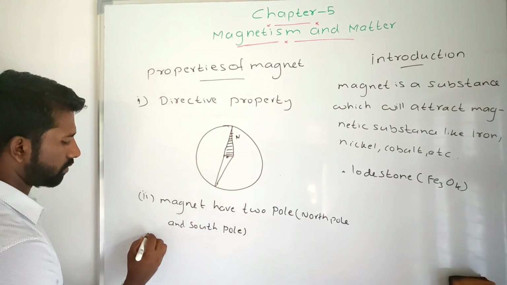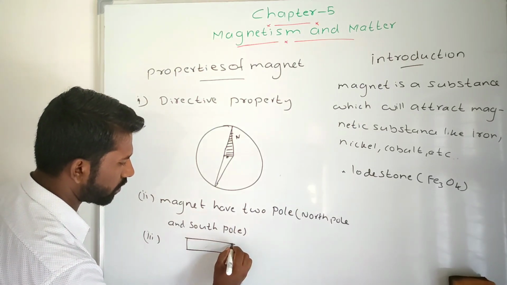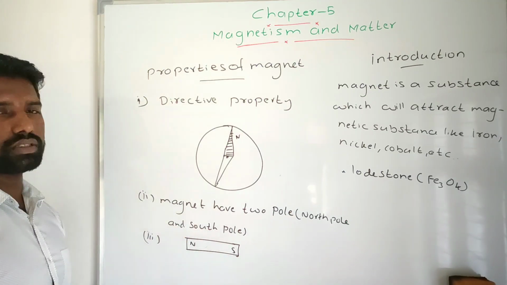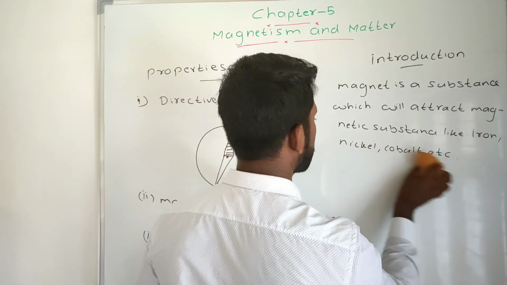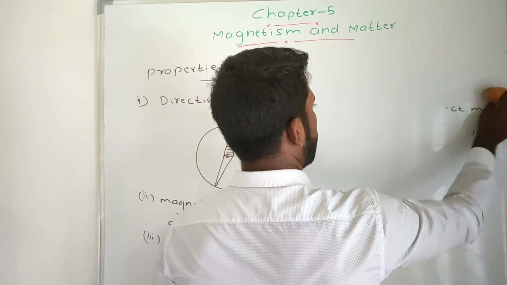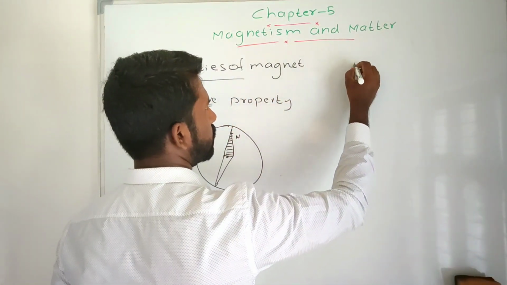So for a bar magnet we will write like this: N is the north pole and S is the south pole. Then the next property is that like poles repel each other.